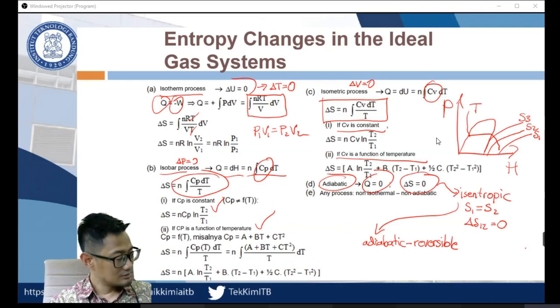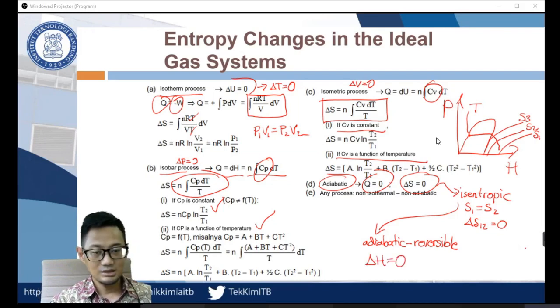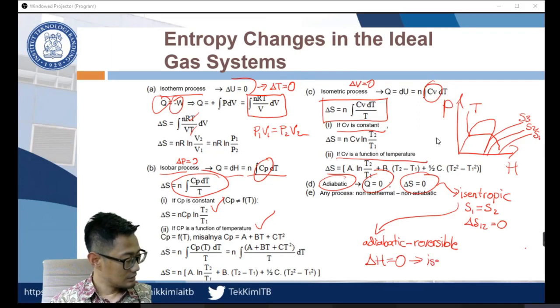In addition, there is also a similar thing to isentropic. We consider this as isenthalpic when the delta H is equal to 0. We call this as isenthalpic condition.